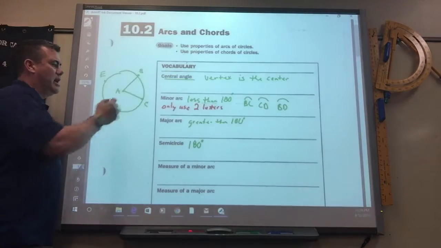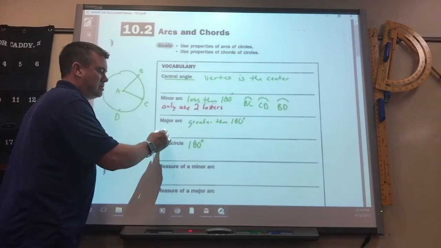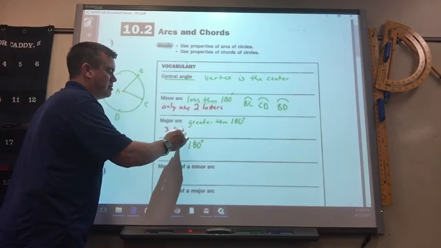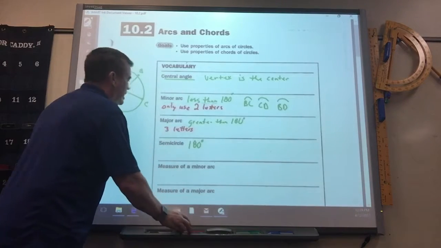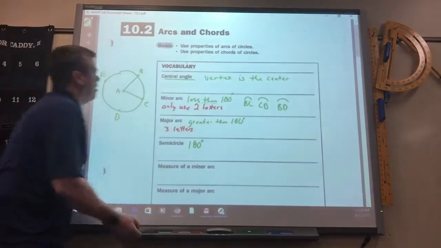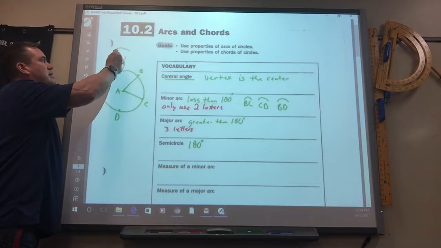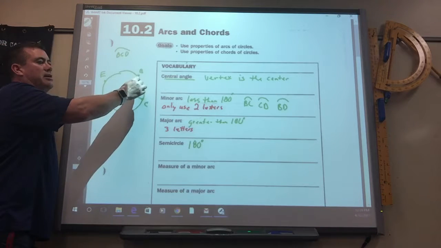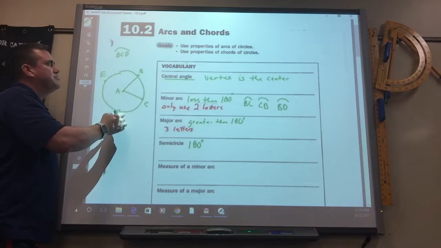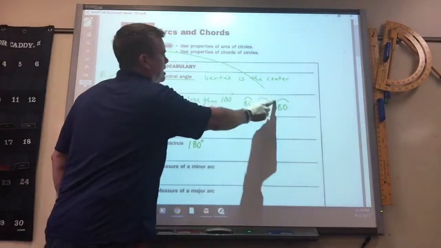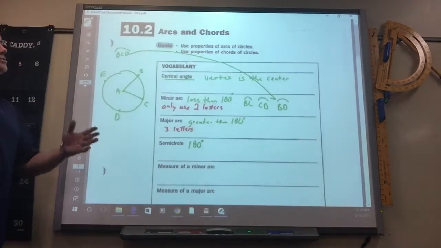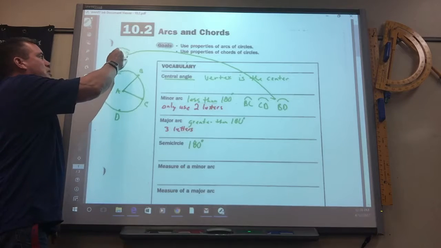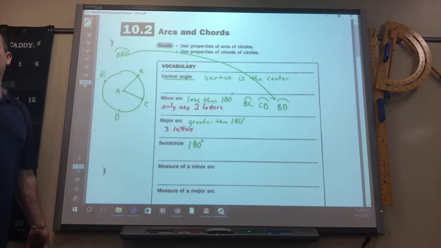A major arc uses three letters. Arc BCD means start at B, go through C, and end at D. It's the same exact arc as that; since it's a minor arc, you only use two letters, because it's the shortest way.